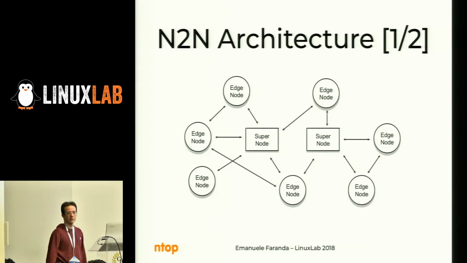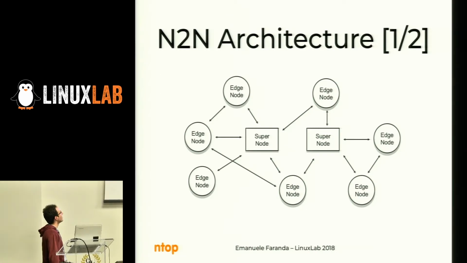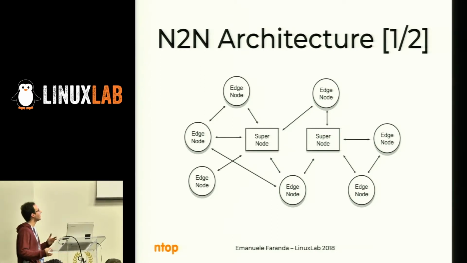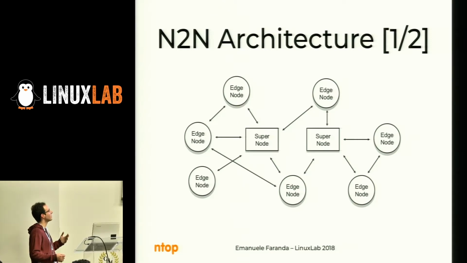So this is the main architecture of n2n. We have the edge nodes, which are basically the clients of the connection. And then we have the supernodes. The edge nodes can talk together by means of a supernode, or they can even talk directly if they can. We use different techniques, for example UDP hole punching, to establish the direct communication between two edge nodes.